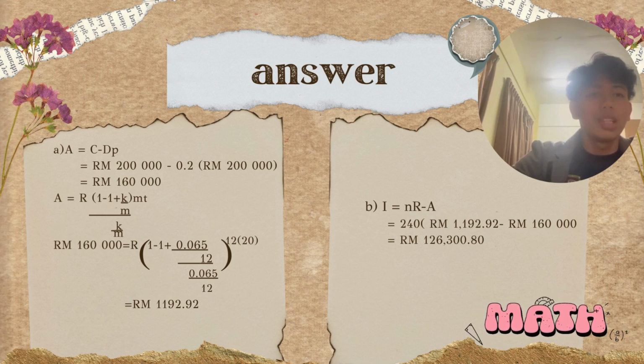And then we will use the formula A equals R times [1 minus (1 plus K over M) to the power of negative MT] divided by K over M. 160,000 ringgit equals R times [1 minus (1 plus 0.065 over 12) to the power of negative 12 times 20] divided by 0.065 over 12, and the answer will be 1,192 ringgit 92 cent.